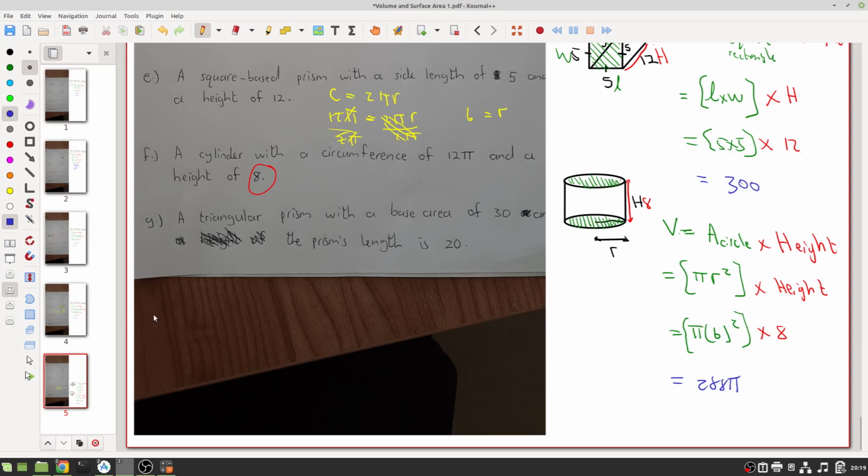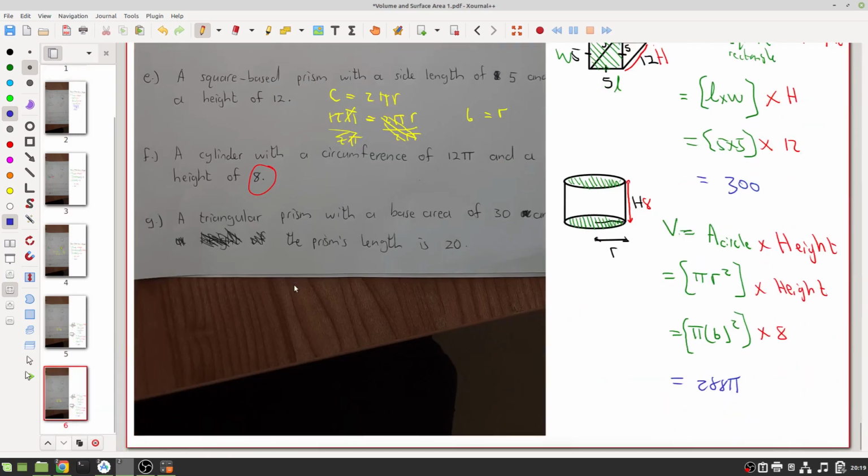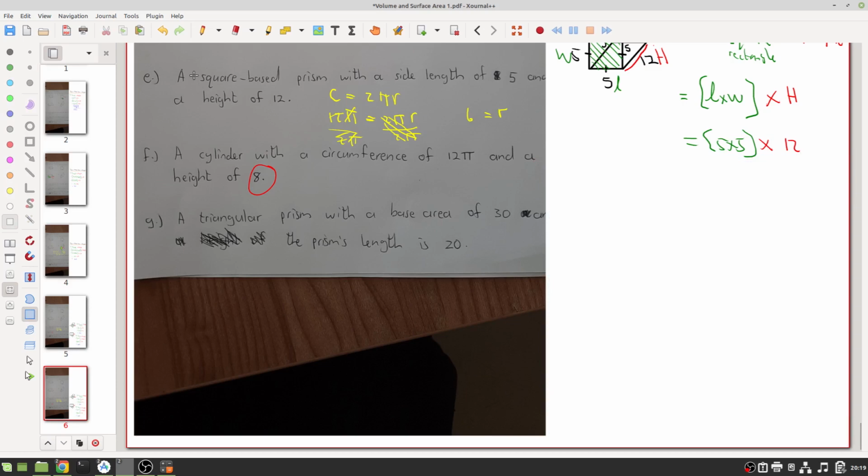Then we have a triangular prism. I'm just going to go down here and make some space. Now we have a triangular prism with a base area of 30, and the prism's length is 20. There's not much we need to do here.